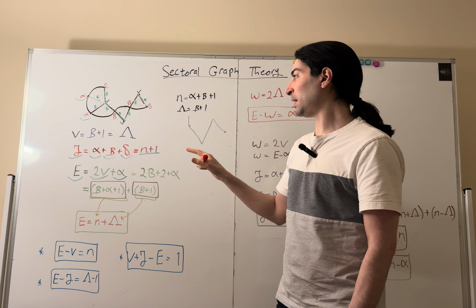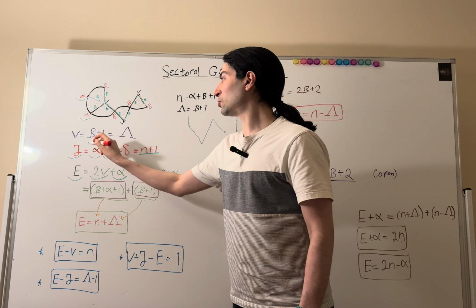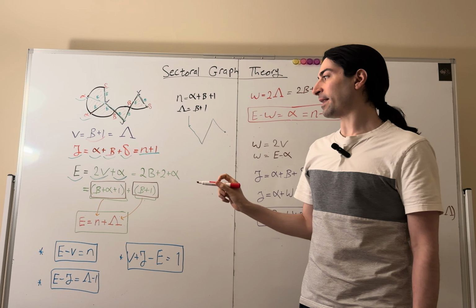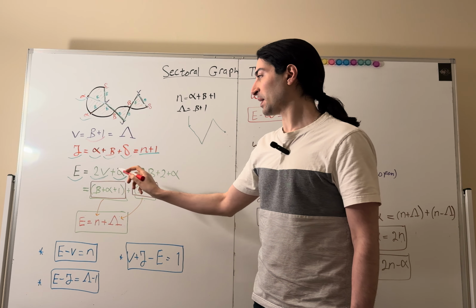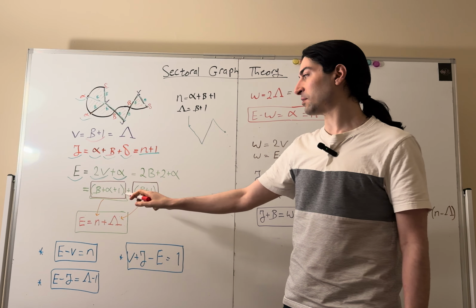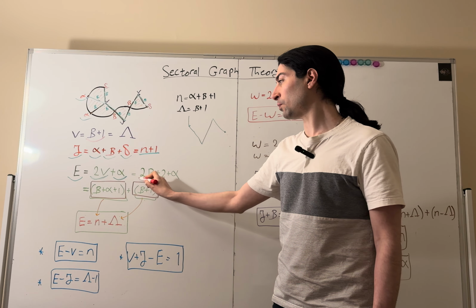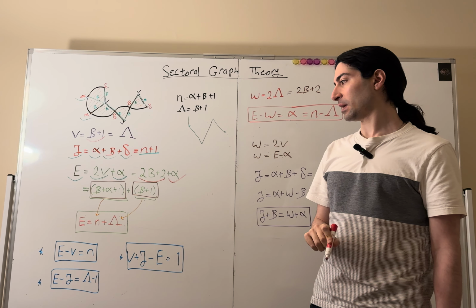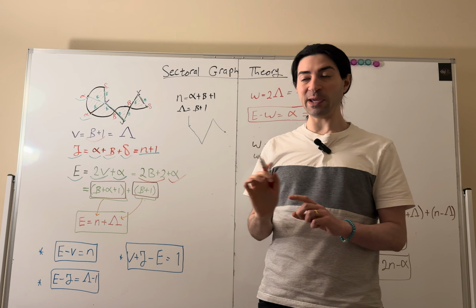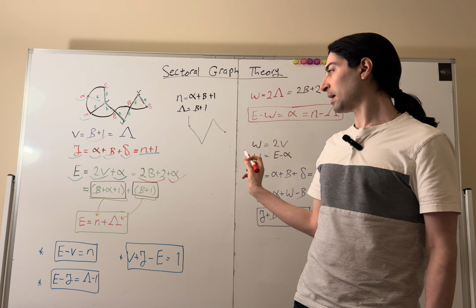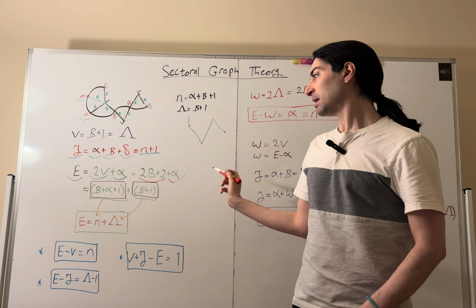We know that V is equal to beta plus 1. Instead of V, we will replace it by beta plus 1. So this gives us 2 beta plus 2 plus the alpha joints. Now we're going to reorder these variables.